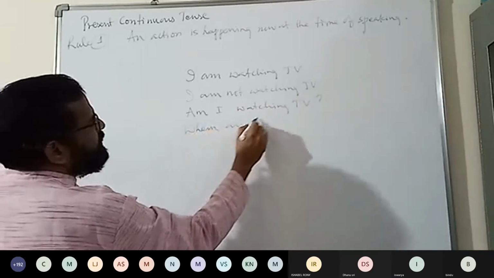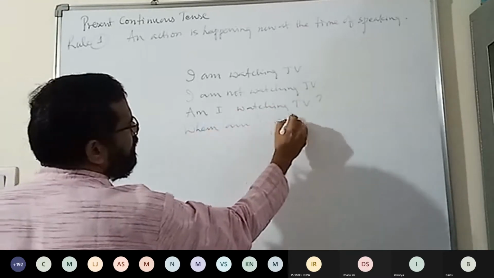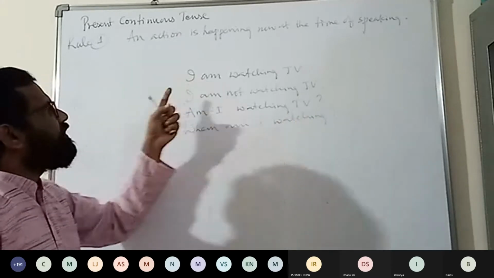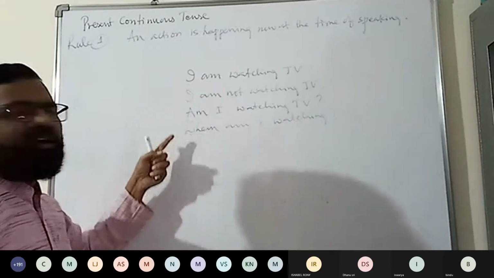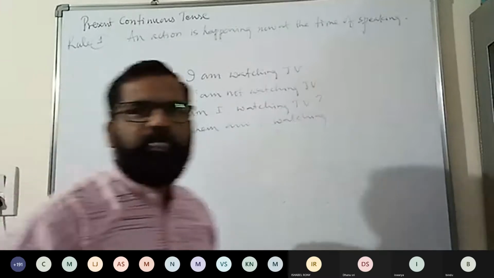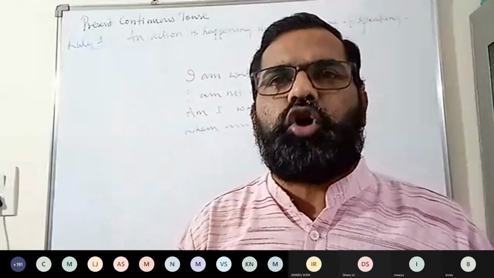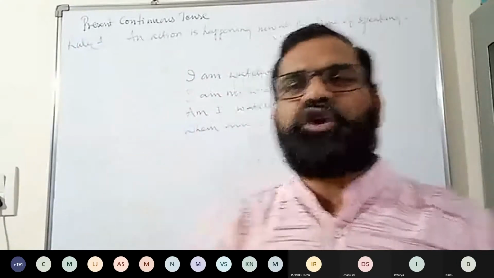When am I watching TV? Positive, negative, yes or no question, WH question. All right, please take them down and write 4 sentences on your own like this. Yeah, it's your turn now.